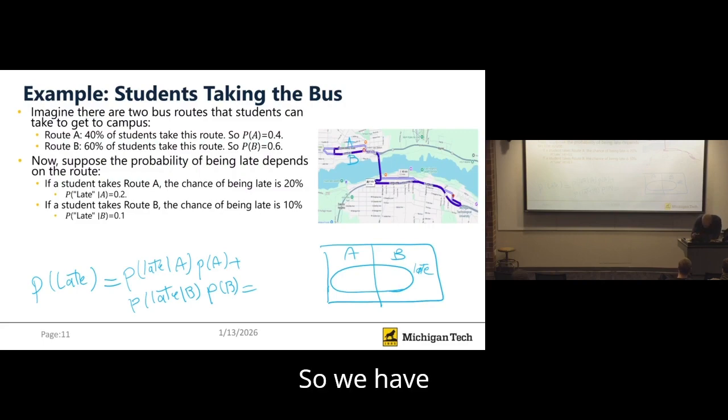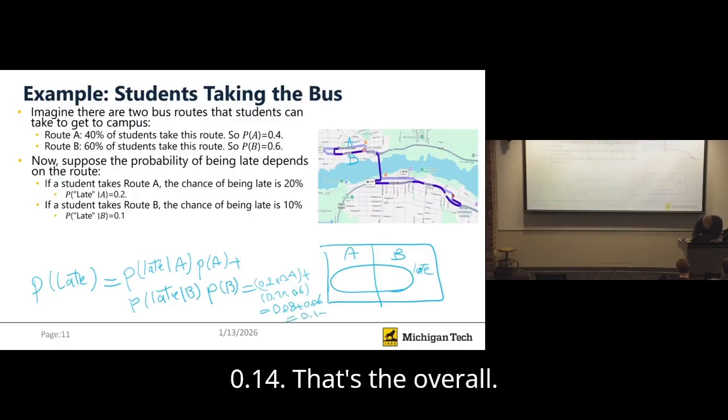So we have 0.2 times 0.4 plus 0.1 times 0.6, equal to 0.08 plus 0.06, which is 0.14.